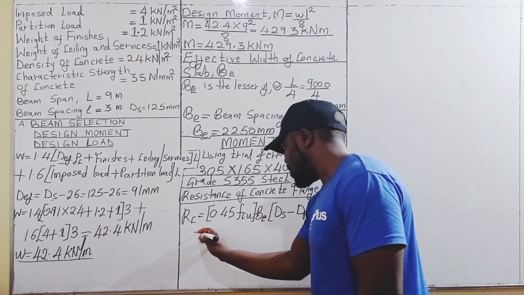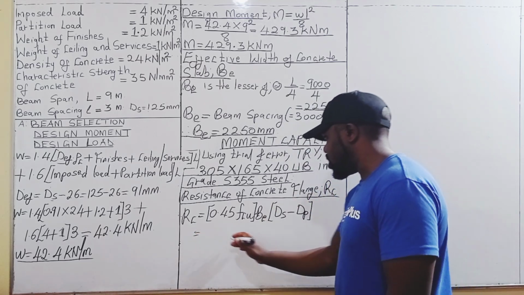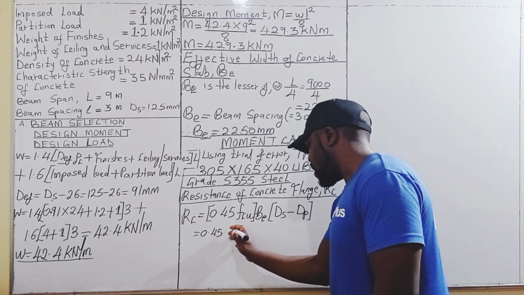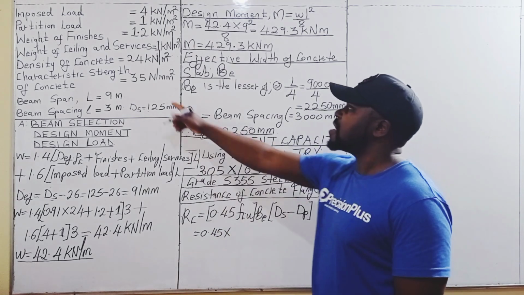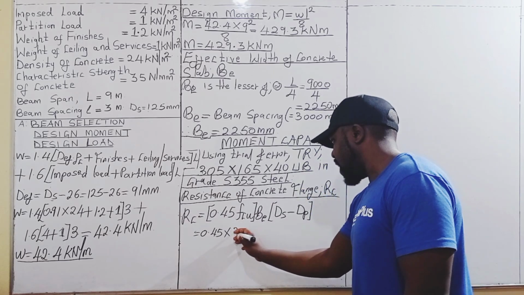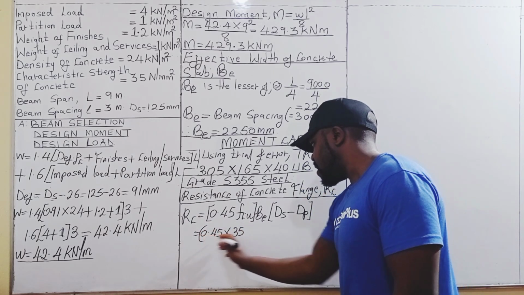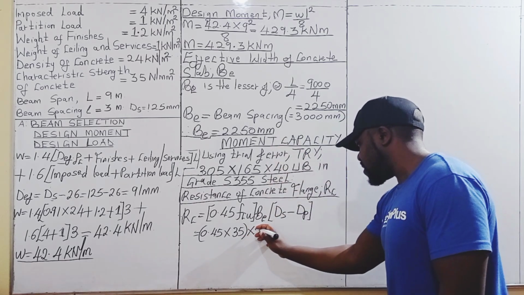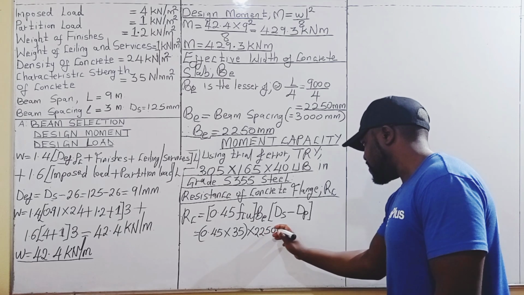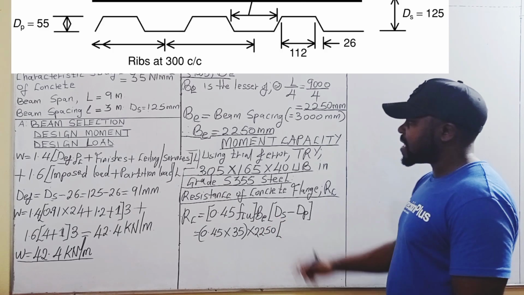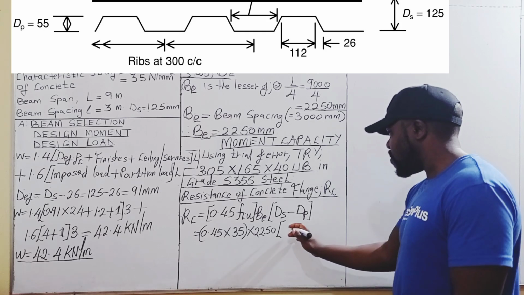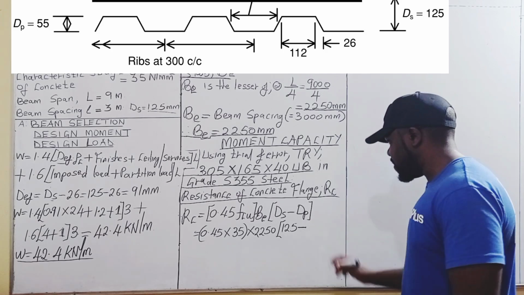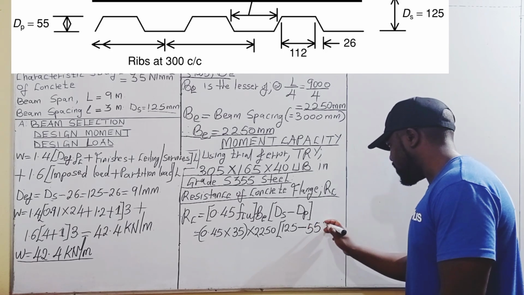And therefore, the resistance of concrete flange will be equal to 0.45 multiplied by the characteristic strength of concrete, which is 35 newtons per square millimeters. We multiply this by BE, which is 2250 millimeters, into DS, which is 125 millimeters, minus DP, which is 55 millimeters.